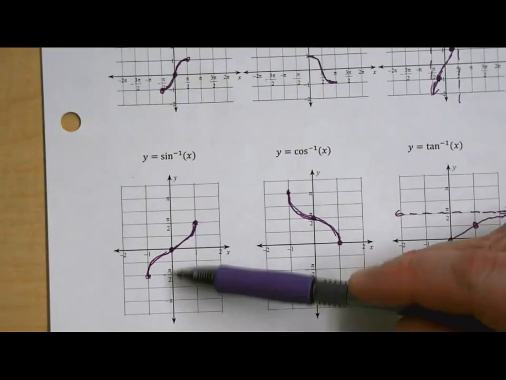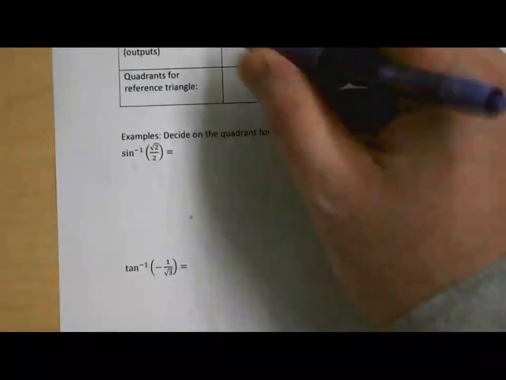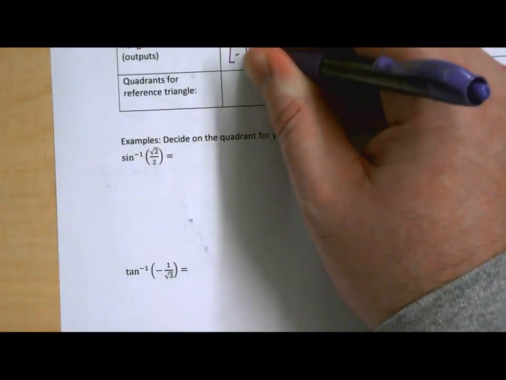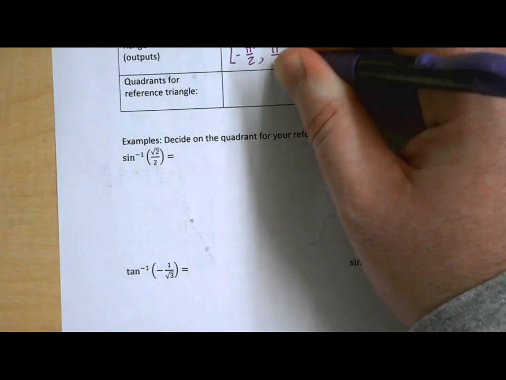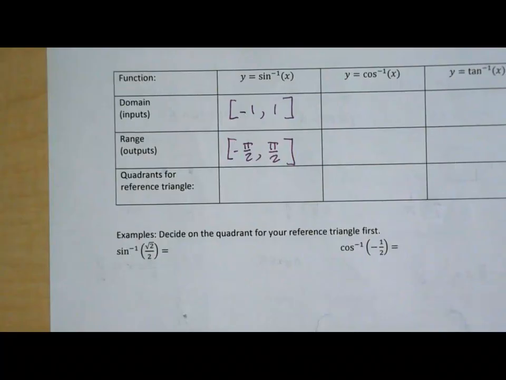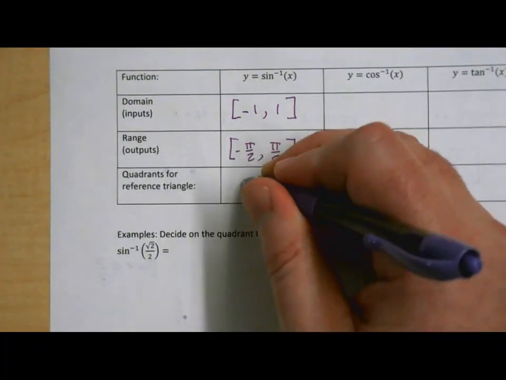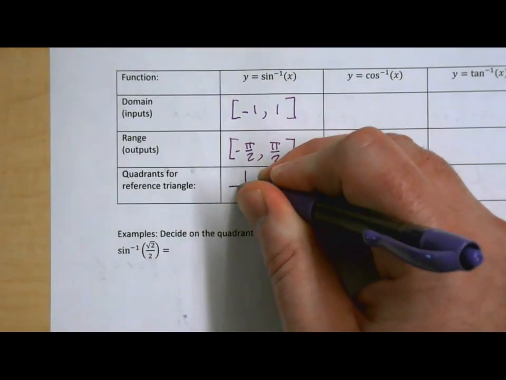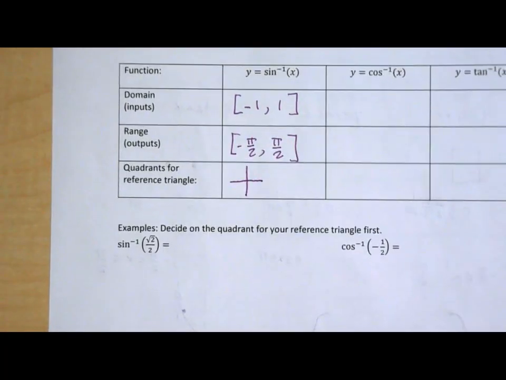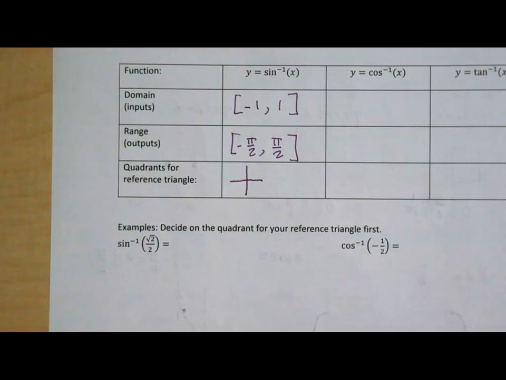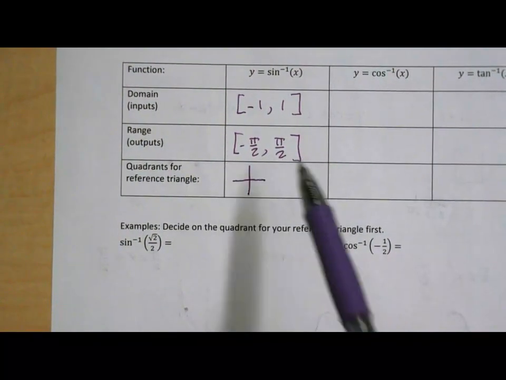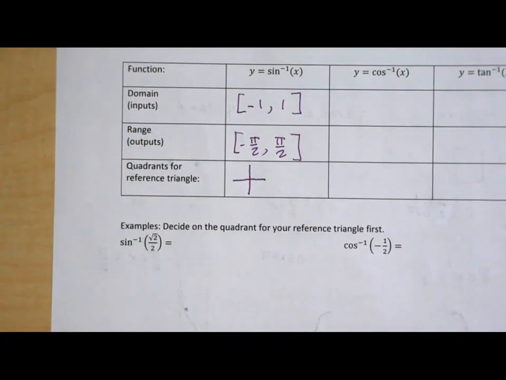I'd say the lowest it goes is -π/2, and it goes up to +π/2. So the range is -π/2 to +π/2. Those are angles. Inverse sine is going to spit out an angle. It's going to be useful for us to think about quadrants because we'll be doing some reference triangles with our work here. So tell me which two quadrants are covered by the angles that range from -π/2 to +π/2. Give me one.